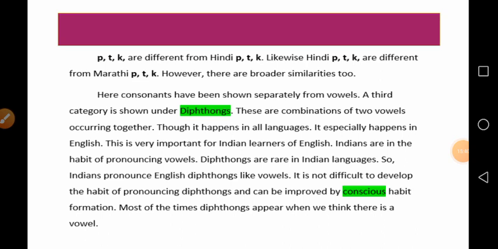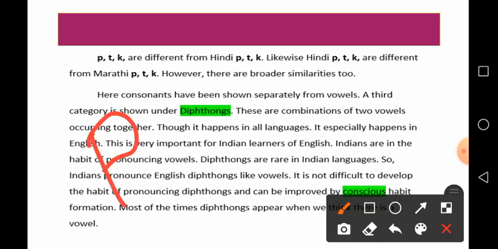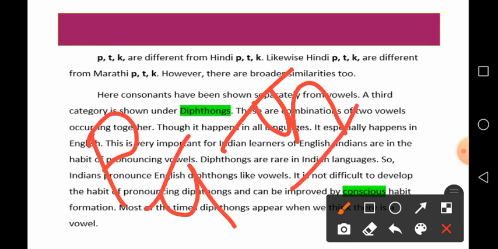Pa, ta and ka in English are different from Hindi pa, ta and ka. See friends, in English, p is pronounced like pha. But in Hindi, pa is different, pha is different. English people do not pronounce p the Indian way even when they want to say pen.